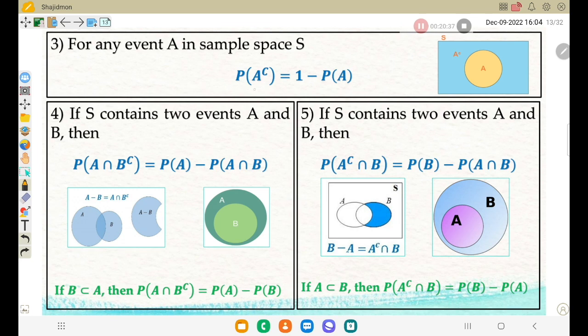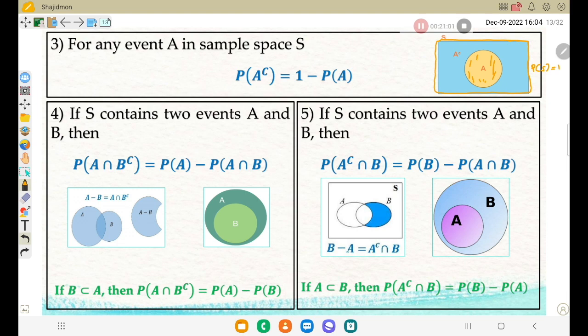Now if you want to calculate probability of A complement, see this rectangular portion means it is the sample space, full sample space. What is the probability? Probability of the sample space equals 1, correct? So from the 1, total probability, just subtract the probability of A portion, so that you will get probability of A complement portion, correct?